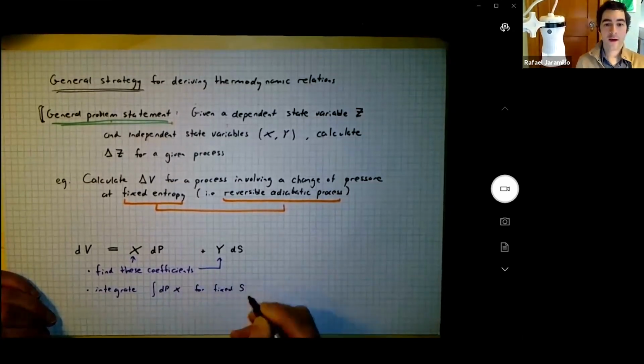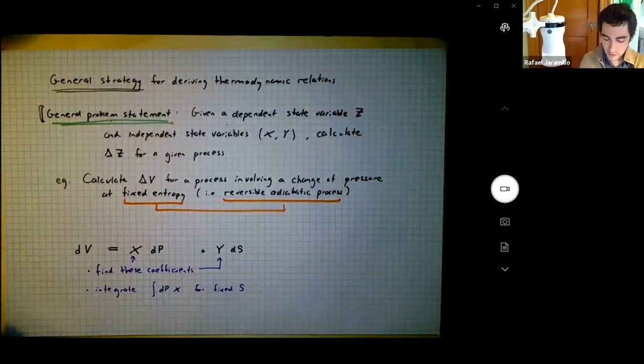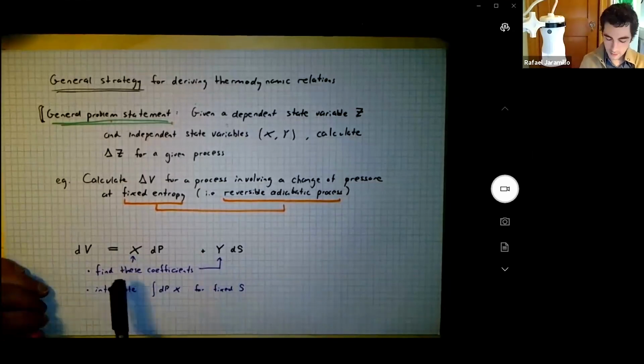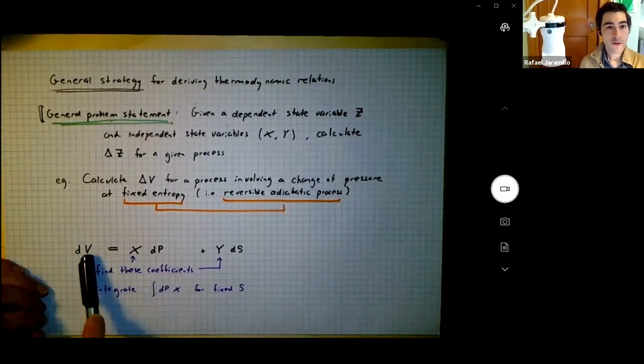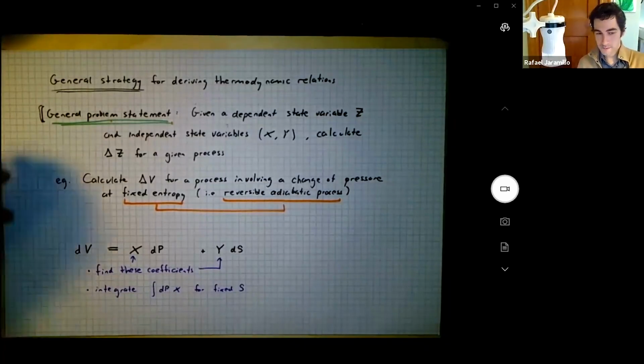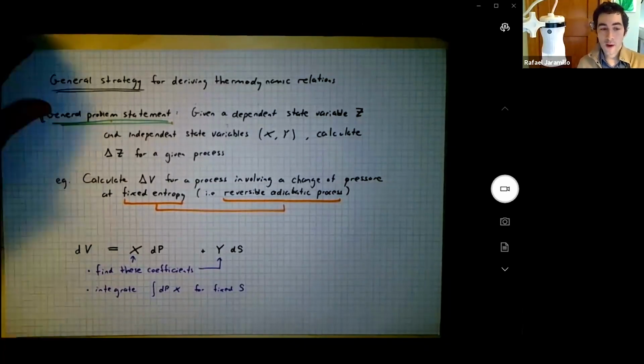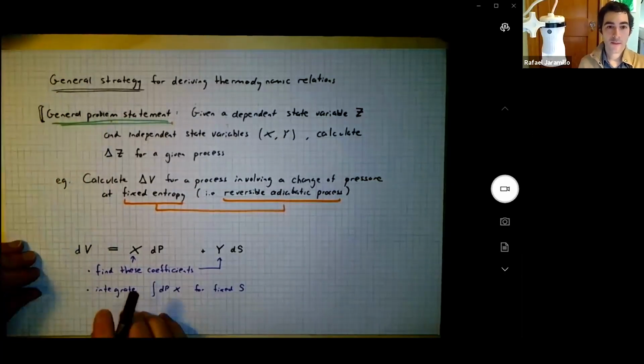This is the approach. Once you find these coefficients, then you can integrate this term, which for fixed entropy gives you the thing you're looking for, which is the change in volume. That's what we need to do. Questions before I go on to actually do that? Okay.